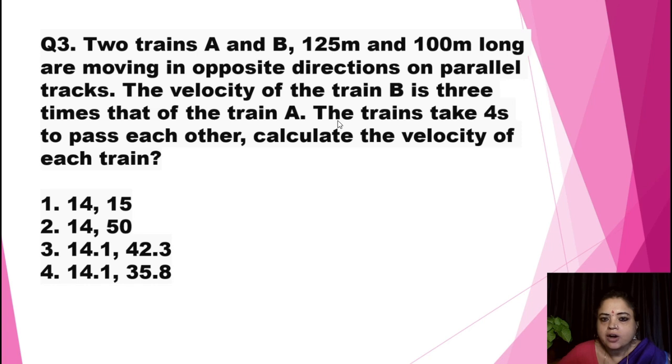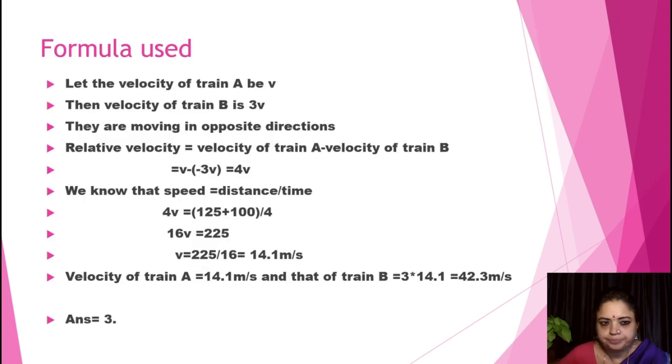The velocity of the train B is 3 times that of train A. The trains take 4 seconds to pass each other. Calculate the velocity of each train. So that is the speed is being asked for the above trains. So options are given here. So let us see how we can do this problem.